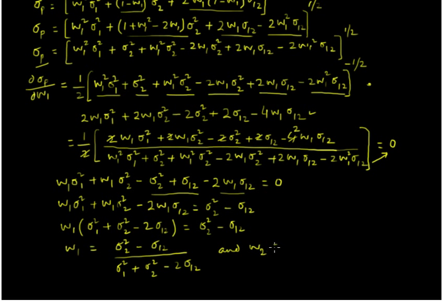And W2 is equal to 1 minus W1. These are the optimum weights for risk minimization in case the correlation coefficient between the returns of the two securities or two assets is between -1 and +1.